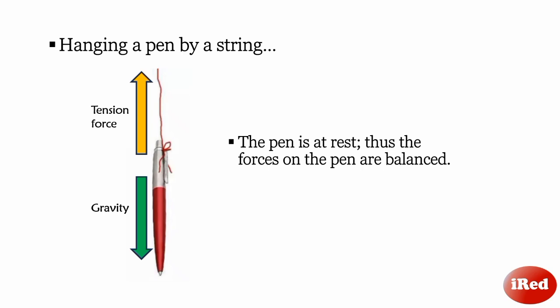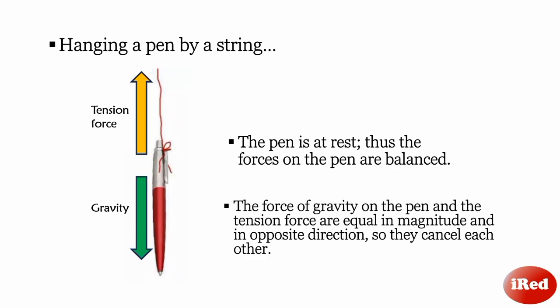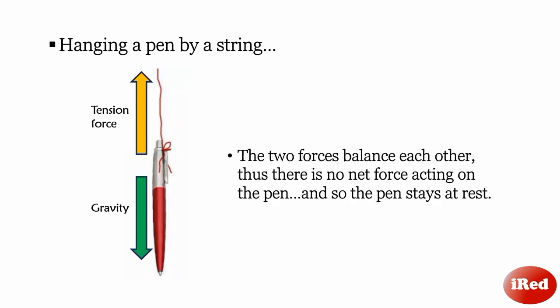This upward force exerted by the string is also referred to as the tension force. Since the force of gravity on the pen and the tension force are equal in magnitude and in opposite direction, they cancel out each other. The two forces balance each other. Thus, there is no net force acting on the pen, and so the pen stays at rest.